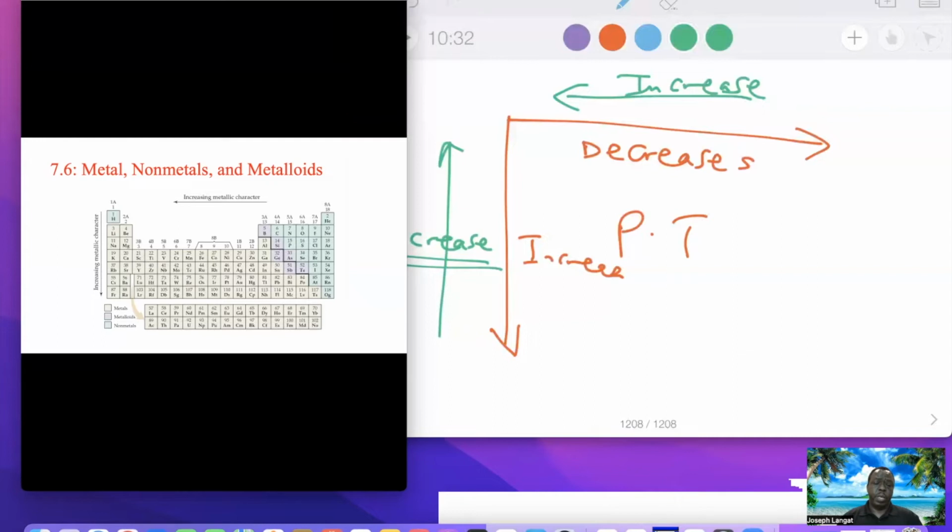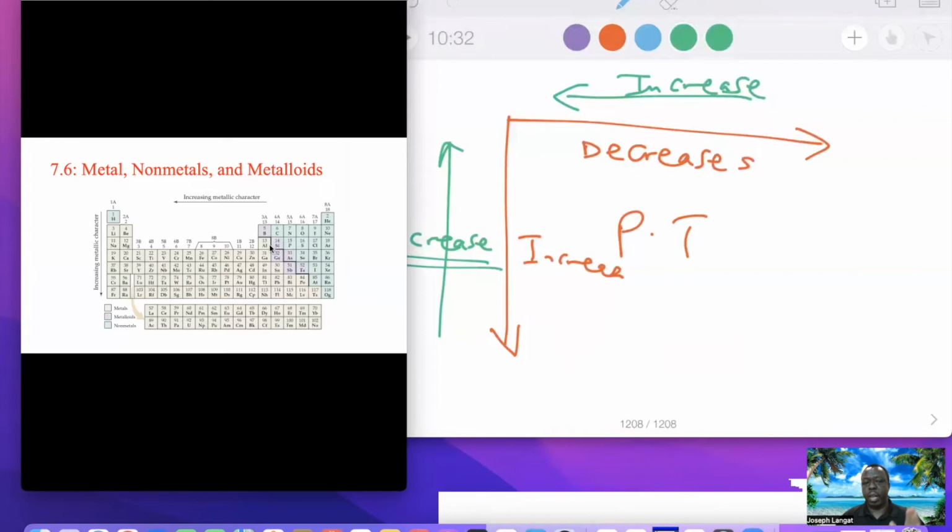You could be given a list of elements and asked to arrange them according to increasing metallic character. It depends on what you are given. Or you may be asked which one has the least or the most metallic character on the periodic table.